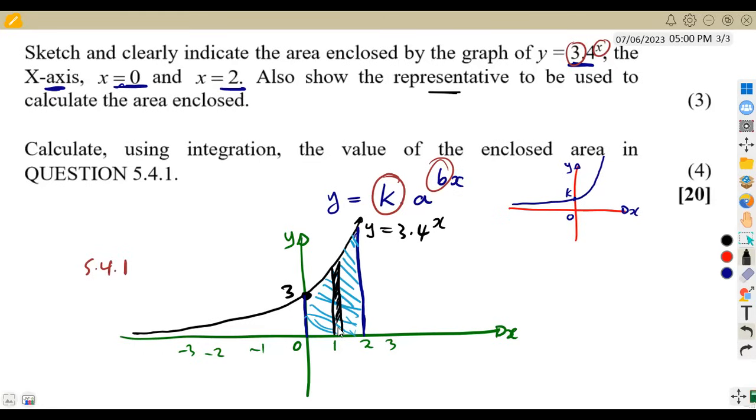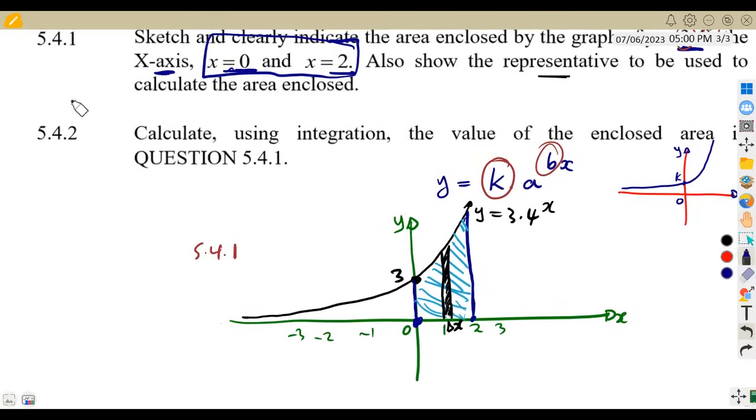So this is our representative strip, which shows us we are integrating with respect to x. So this is the first 3 marks that you're given to sketch this graph clearly. So this is what is supposed to be indicated clearly. All these, the limits, you know where to start. You're starting from 0, you are ending at 2. From the information that you're given, the values of x here, that is where you're limited to. All right, so that is our first part.